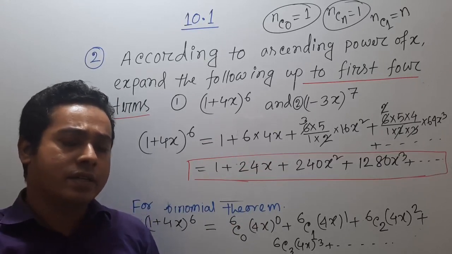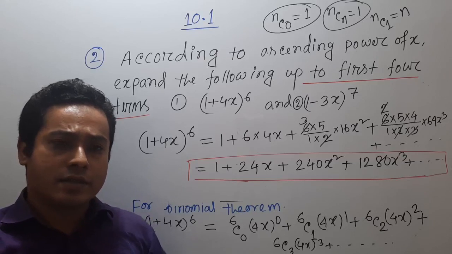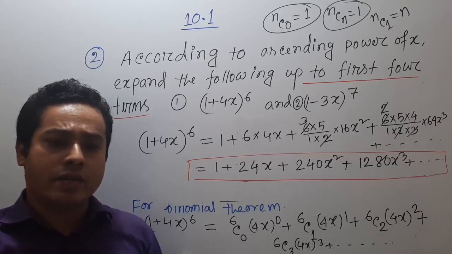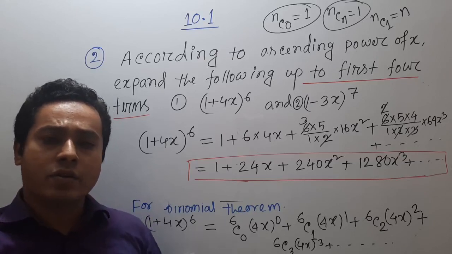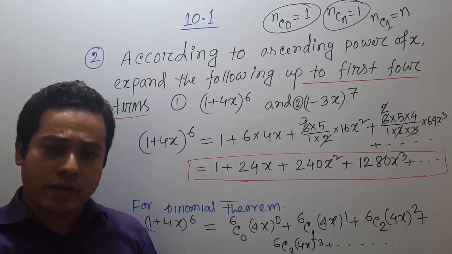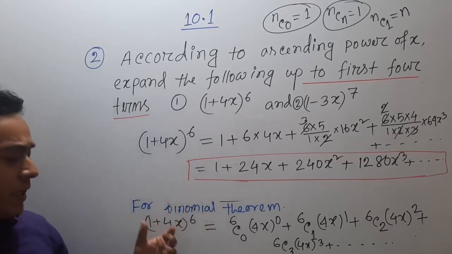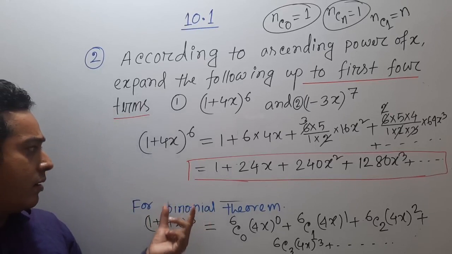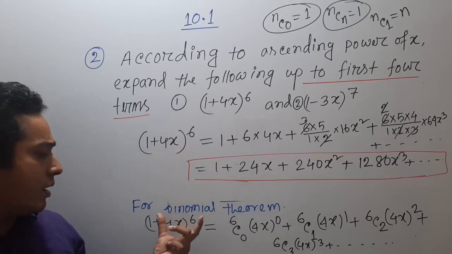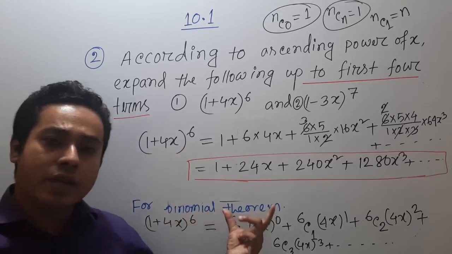If the power is, say, n equal to 20, it is not easy to draw the Pascal triangle. But for any power of the binomial term, we can use the binomial theorem.